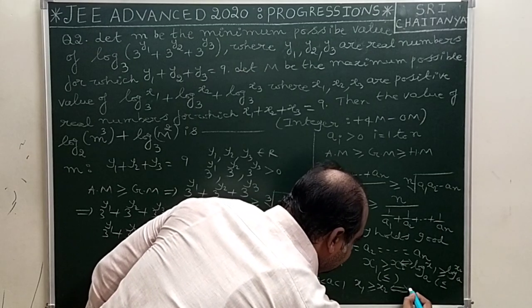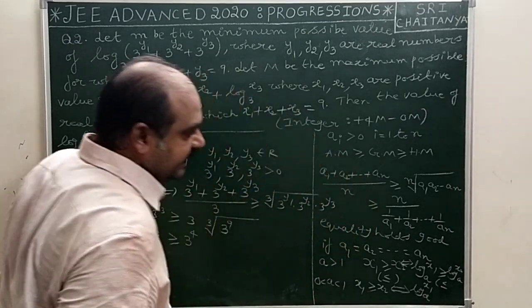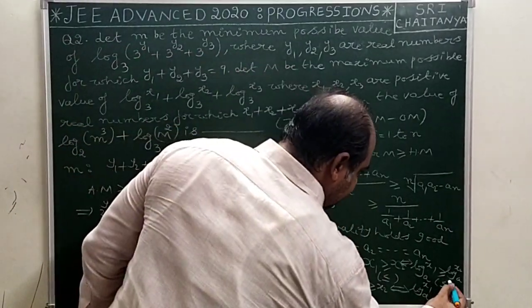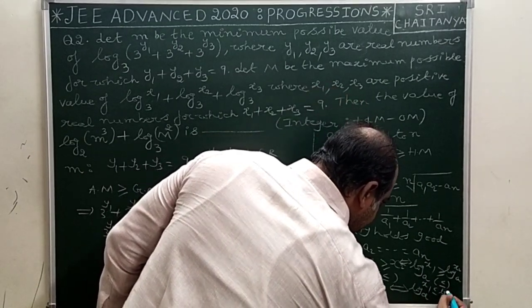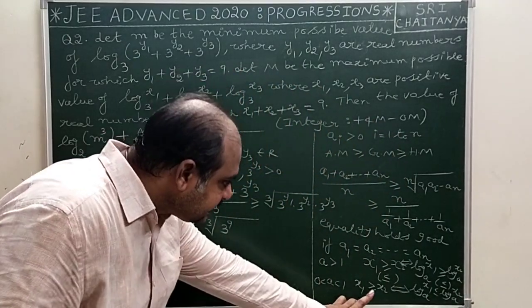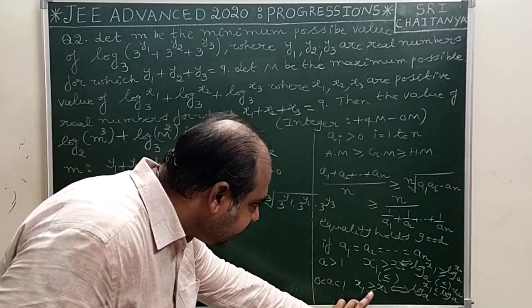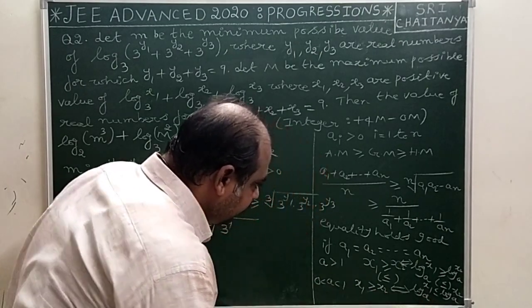If we are applying logarithm, then log x1 to the base a, if greater than or equal to is there, then you will get the inequality interchanged. It will become less than or equal to.